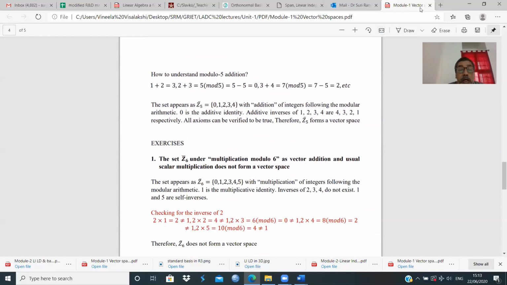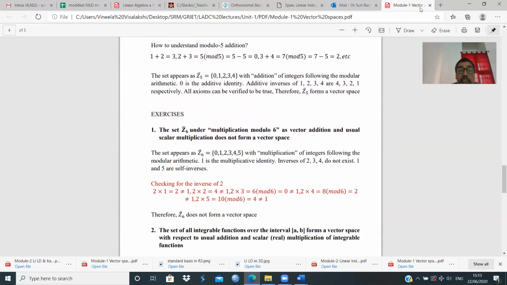I have included a small exercise which you can easily try. In the first exercise, the set is Z6 under multiplication modulo 6. So you follow the same logic as addition modulo 6. Only thing is, instead of adding numbers, you should multiply numbers and use the modular arithmetic.